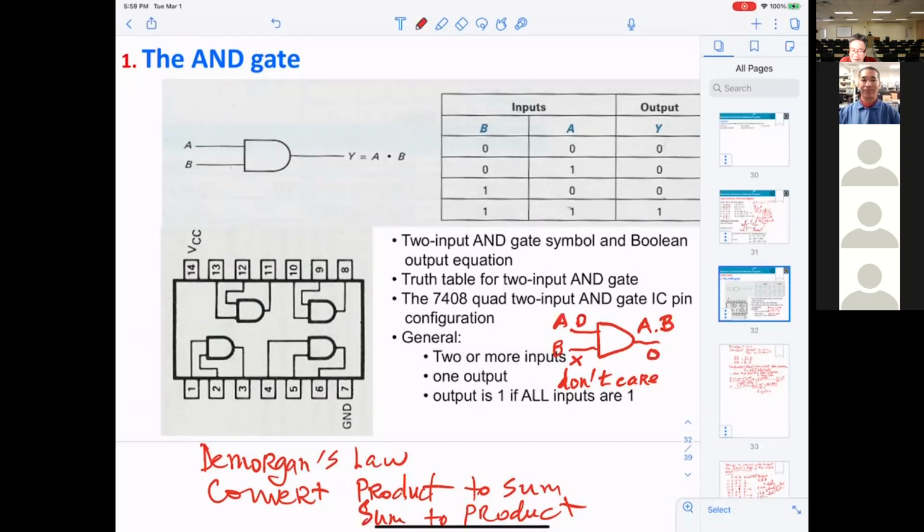A is 0, no matter what, the output must be 0, and B, we don't care. That means it doesn't matter whether B equals 0 or B equals 1. So now, if the output here is not 0, that means something is wrong.